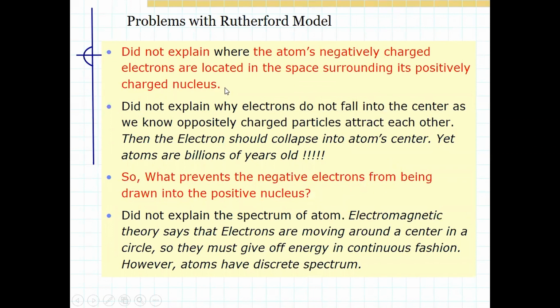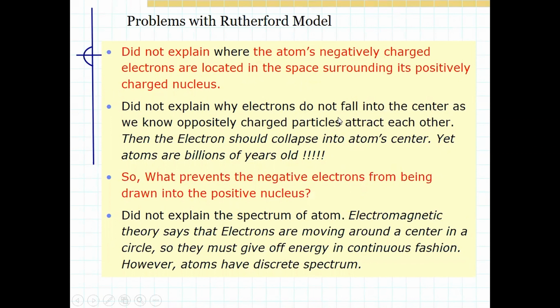Here I have listed the problems that were posed by Rutherford model that did not explain the atom, that its negatively charged electrons are located in space that is surrounding the nucleus, why they are there.